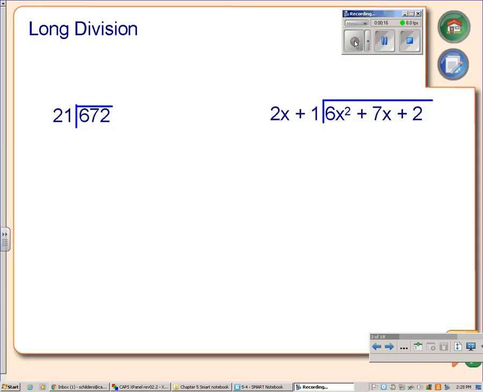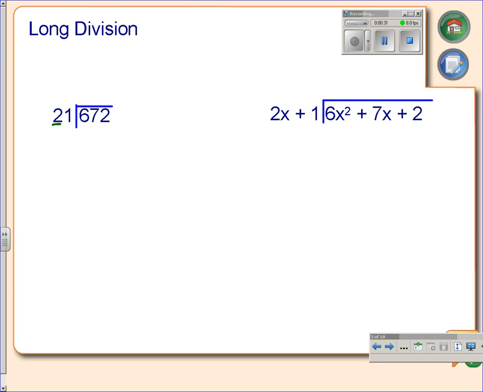In order to show you how to do polynomial long division, I'm going to do regular long division as a reminder for how we do this. So in order to divide 21 into 672, you check and see how many times 2 goes into 6. Since 2 goes into 6 3 times, I'm going to put a 3 up on top.